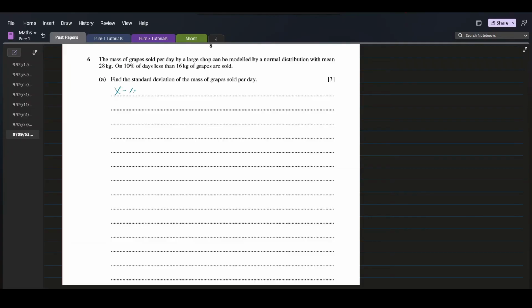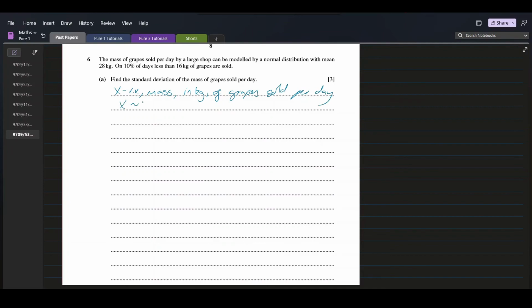So let's start by defining our random variable X, and that is the mass in kilograms of grapes sold per day by the large shop.